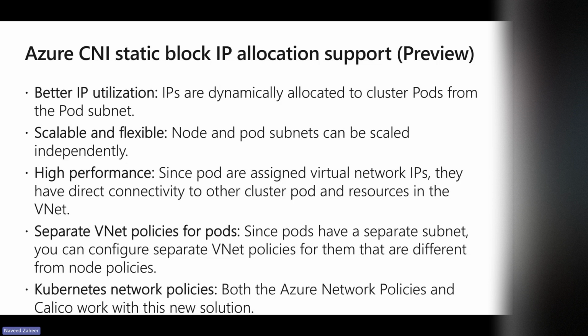There are two models in Kubernetes for networking. You have Kubenet and you have the CNI model. And then there is CNI Overlay, which is kind of called CNI v2. But let's stick to Kubenet. Kubenet is the classic model that is only supported for Linux.